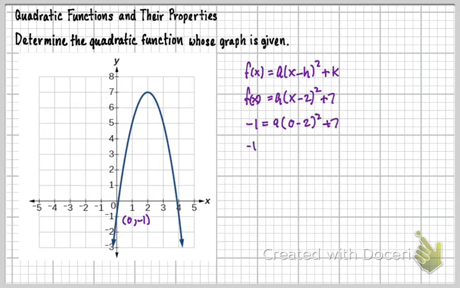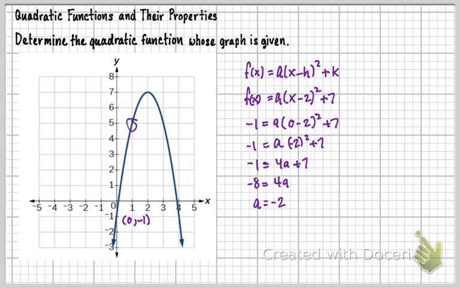So this is -1 equals a(-2)² + 7. So -1 equals, that's going to be a 4, so 4a + 7. Subtract 7 over, -8 equals 4a. I divide by 4, and a equals -2.